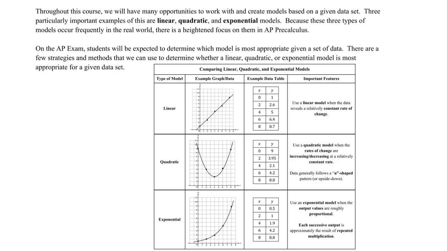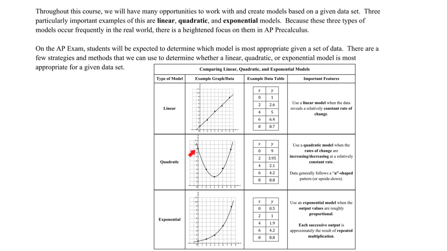We'll do quadratics, where we'll make this U shape, or it might be an upside down U. Just depends on what the data looks like. And I want you to notice that we're not going through all of these points, right? This is a regression model. It's the best fit model. We're not going to hit all of the points, but we're trying to get as close as we can to all of them. Okay?